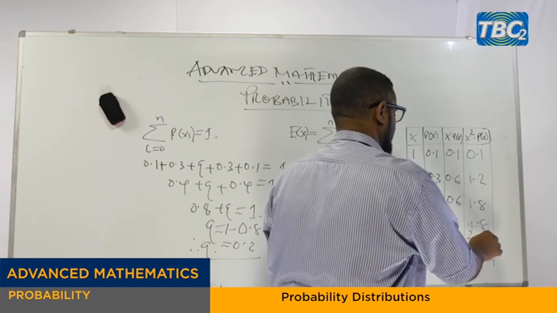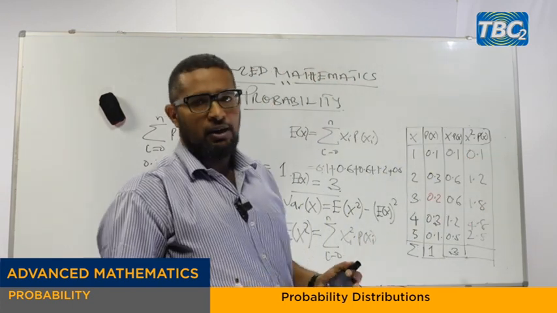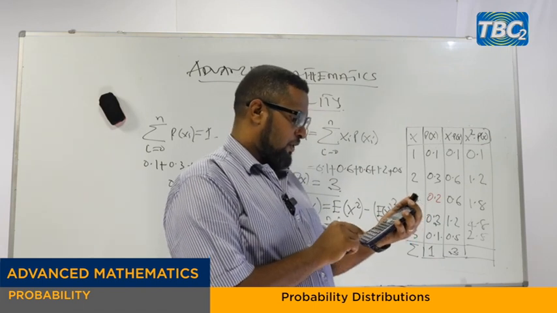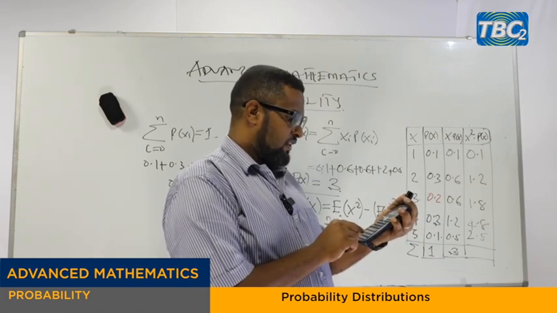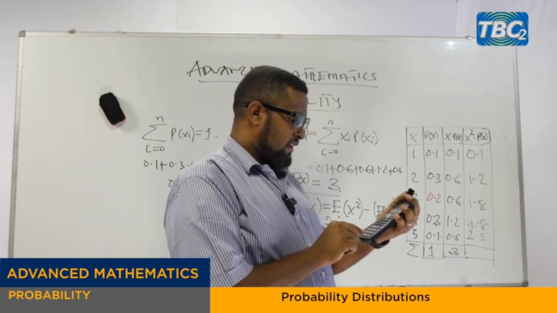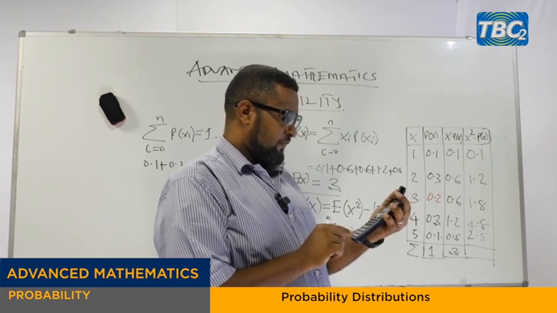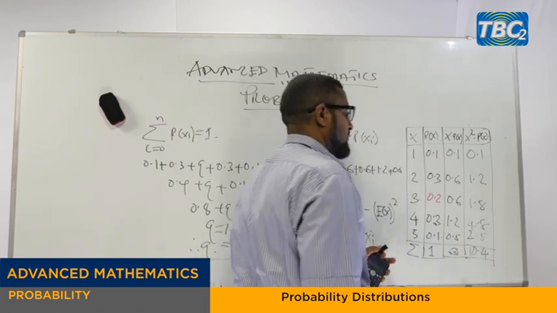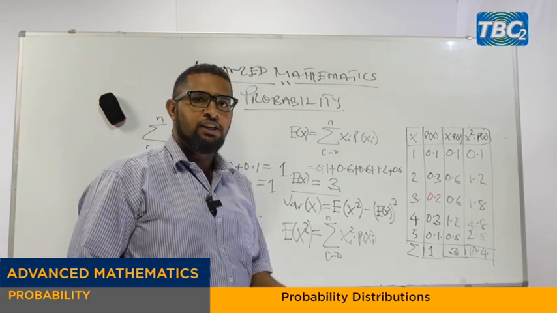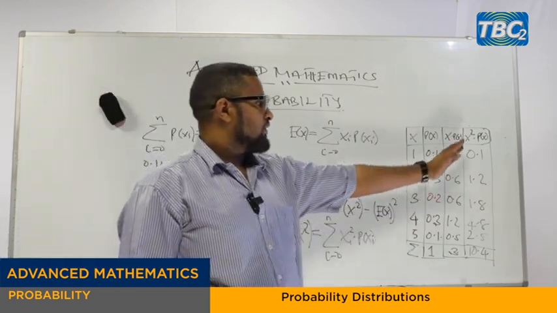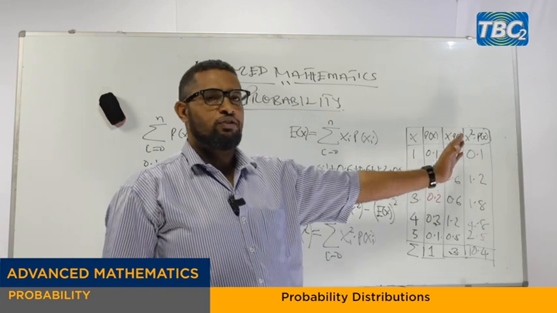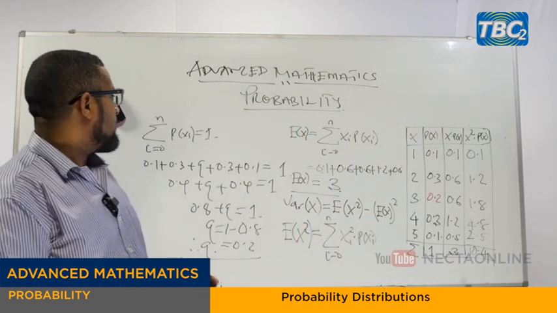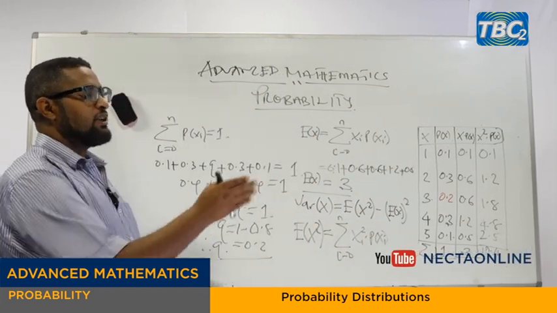Now let's add together. Plug in your calculator. 0.1 plus 1.2 plus 1.8 plus 4.8 plus 2.5. Then the total is 10.4. After obtaining that value of the summation when the variable x is squared and its probability of 10.4, now go back to the formula of variance and then substitute the value.